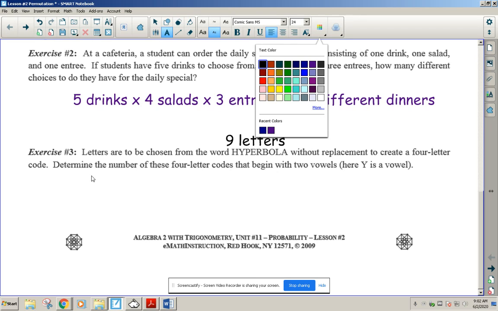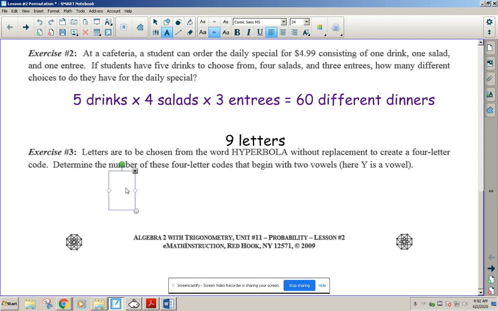Now, if we're going to make a code where nothing repeats, that means that we have 4 vowels to choose from for my first event. And then if we chose a vowel, there's only 3 vowels left. So now I have 3 vowels to choose from.